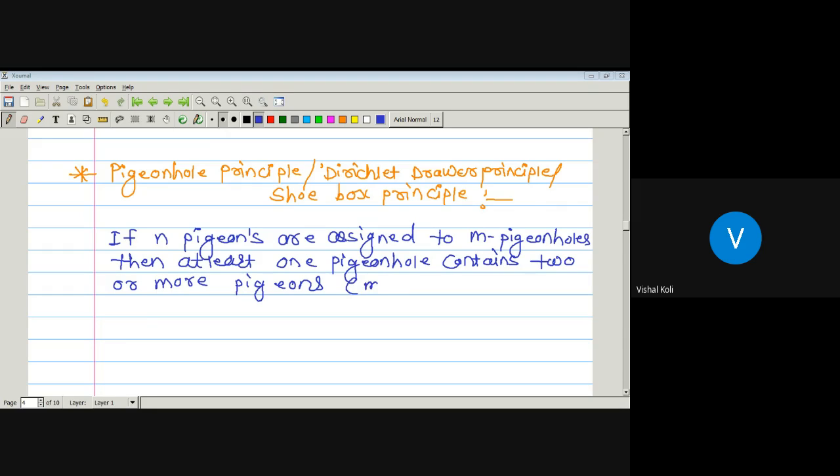Whenever m is less than n, that is, the number of pigeonholes is less than the number of pigeons. If there are n pigeons and m pigeonholes, where m is less than n, then at least one pigeonhole contains two or more pigeons.